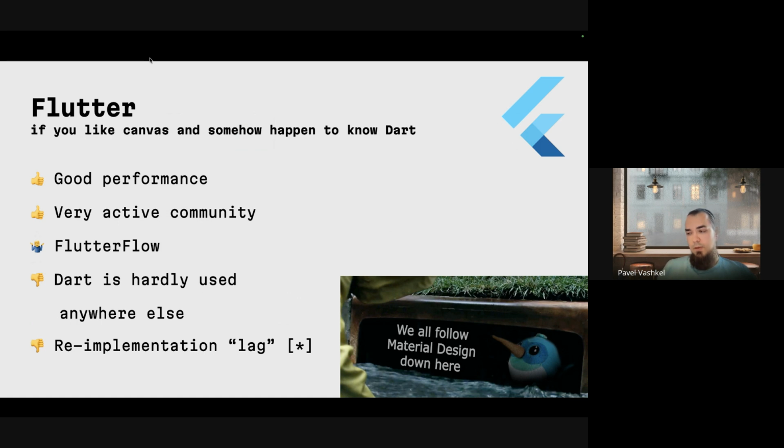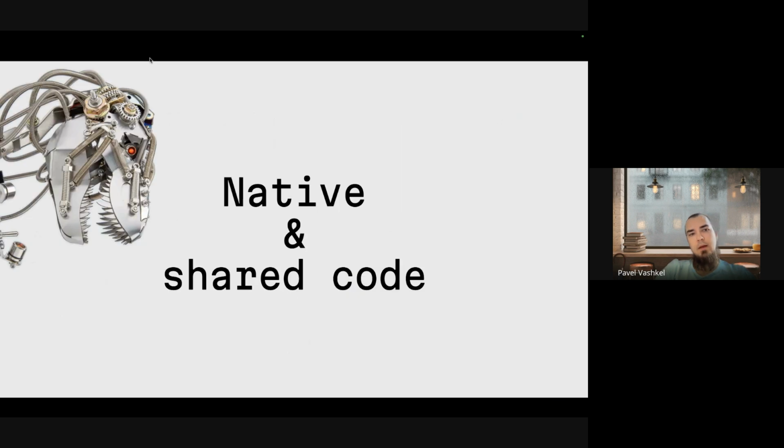It probably will not be a problem if you use stable releases, but I expect you can see it in beta or alpha builds. There are more cross-platform frameworks, but I will not cover them at the moment.